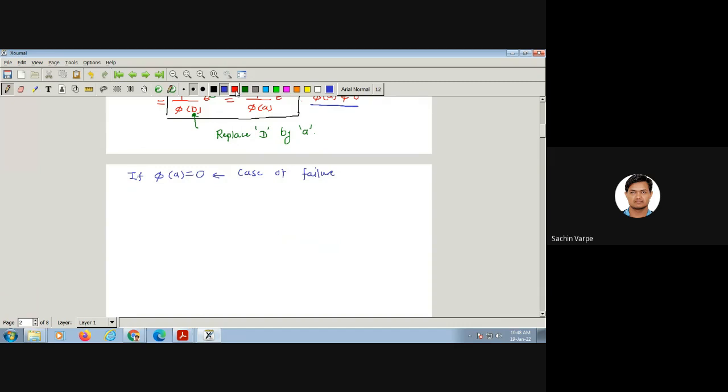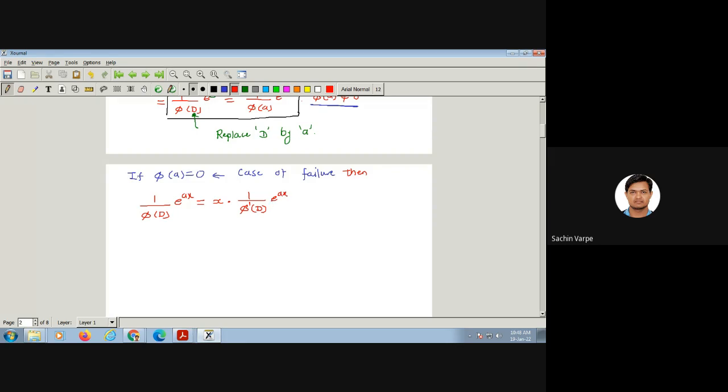And in that case, how do we write the particular integral? We write 1 upon phi of d e to the power ax equal to the independent variable times, and what is the independent variable here? It is x. So x times 1 upon the derivative of the denominator, that is, the derivative of phi of d, phi dash of d, into e to the power ax.